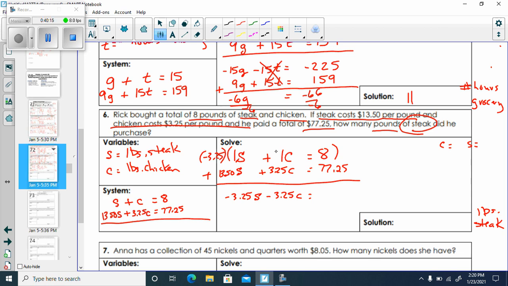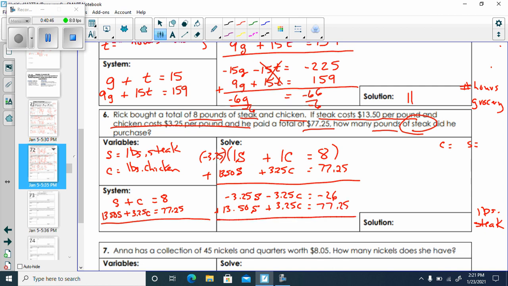Let's look and see what you got there. 3.25, use your calculator. That would be negative 26, okay? Now, remember we're adding this to it. We've got 13.50s plus 3.25c equals 77.25.